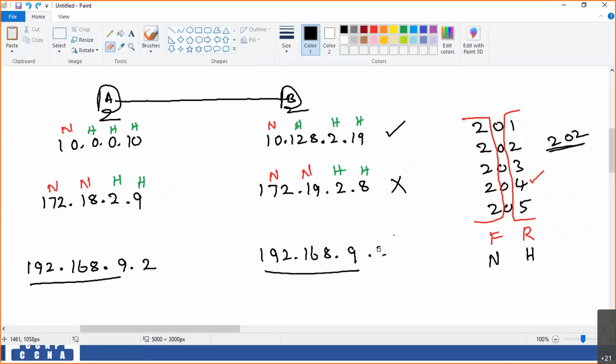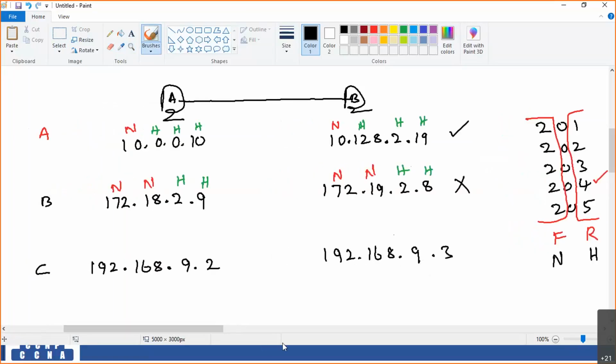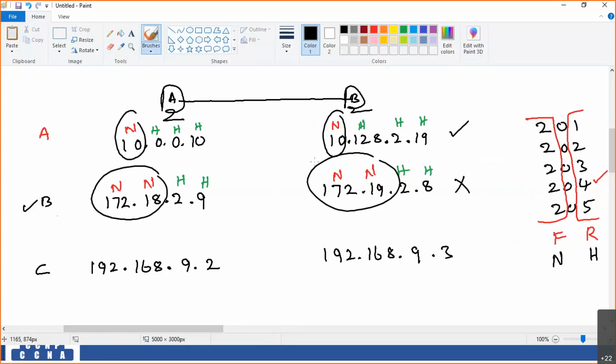These logics we need to understand very clearly for real-time work. If your company is using class A addresses, the first octet should be the same for all devices in your network.